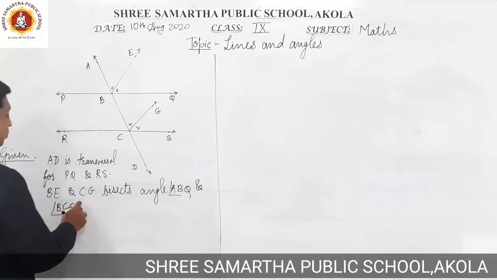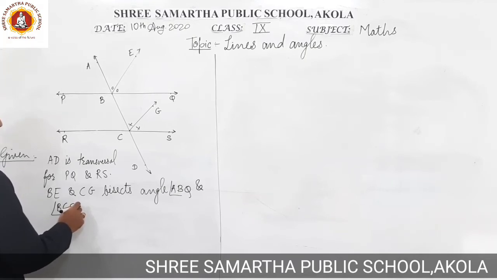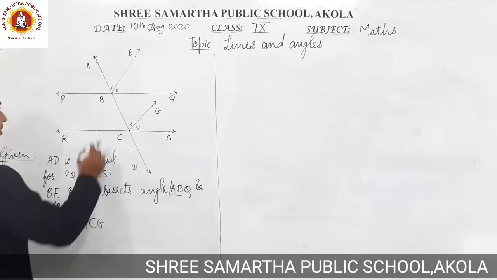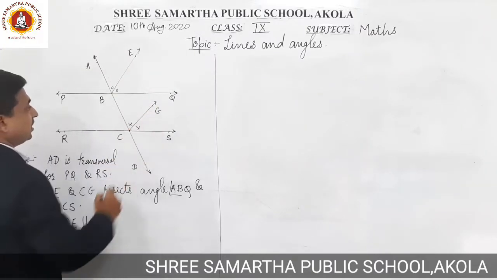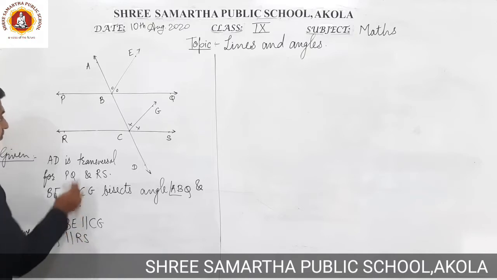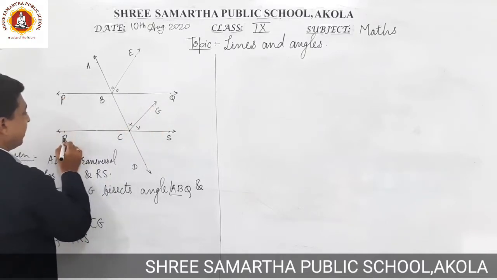So now also this ray BE is parallel to CG. Okay, this BE is parallel to CG. To prove, we have to prove that PQ is parallel to RS. Okay, this PQ is parallel to RS.